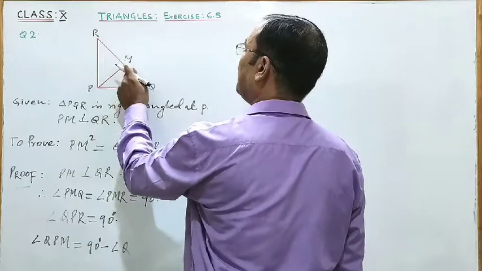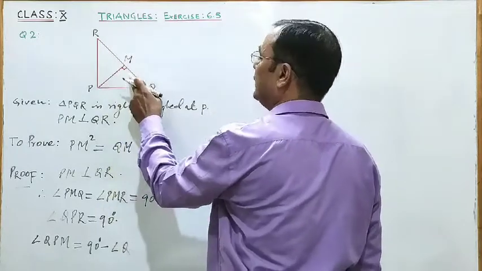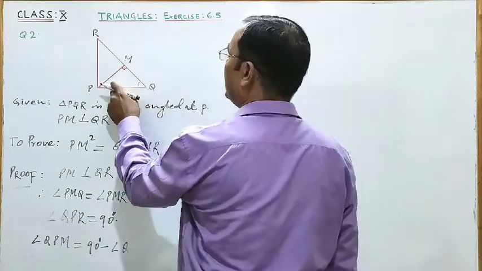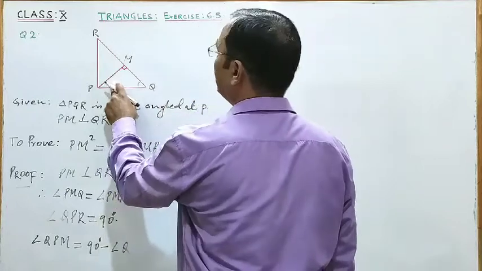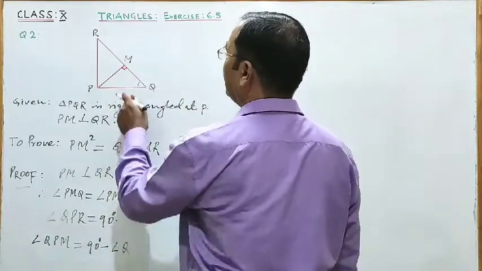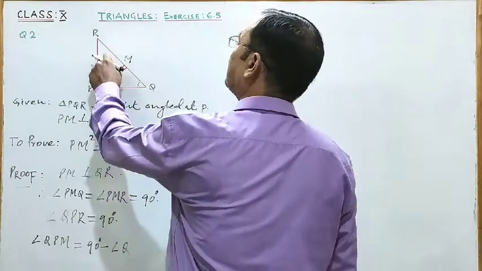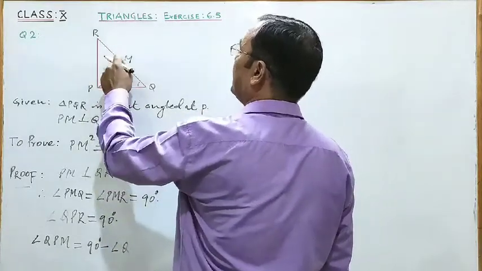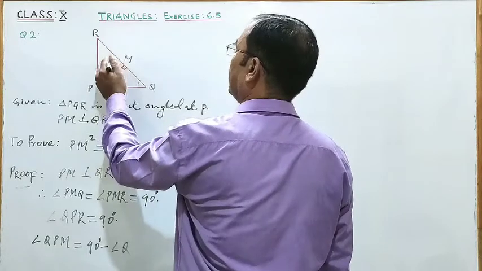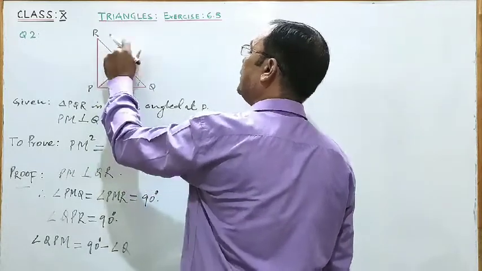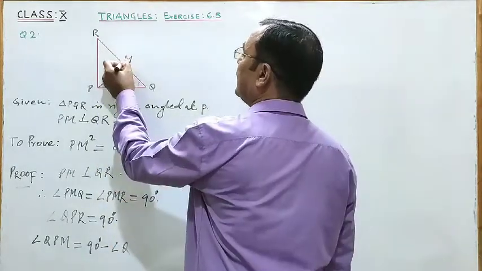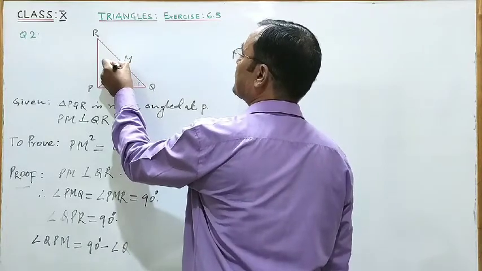Now this triangle PMR is also a right angle triangle because PM is perpendicular to QR, so this angle is 90 degree.